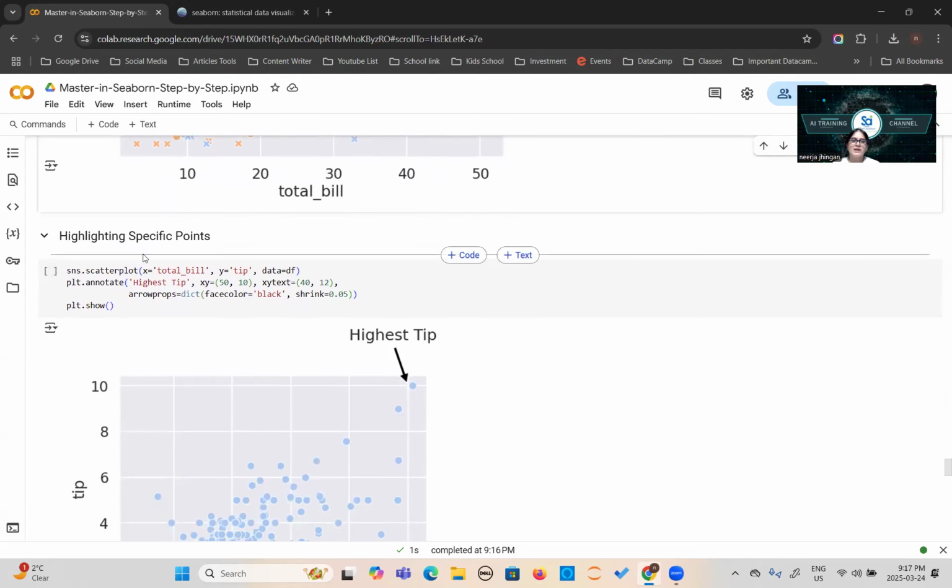And if you want to highlight a specific point, you can with an arrow. This I have explained in Matplotlib as well. Here it is also the same annotate method. You can check highest tip. XY is the position of your data points, and XY text is how far you want to shift your tip text. 50, 10 means it will shift right towards 50 points and up 10 points from your data points, so it should not overlap your data point.